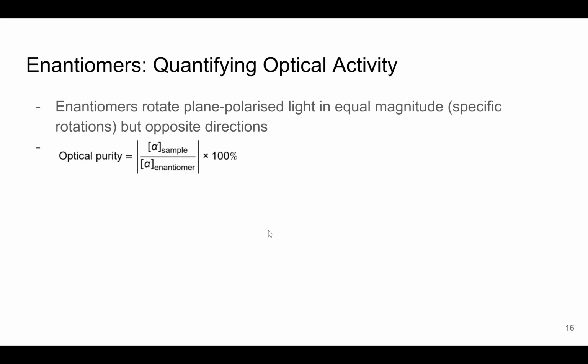The enantiomeric excess is basically the specific rotation of the R isomer minus the specific rotation of the S isomer, divided by their sum, times 100%. As I said, usually the question will tell you whether R gives a positive or a negative rotation, so don't assume any correlation.